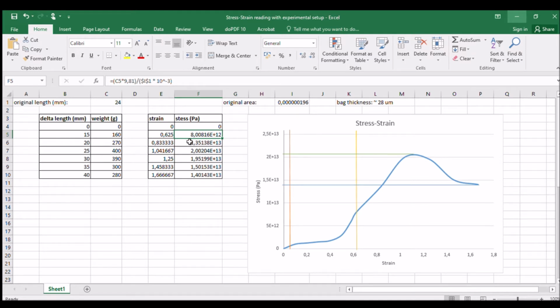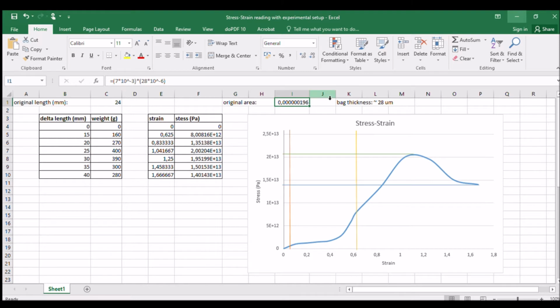And then obviously what I did, the stress is equal to force over area. So I've got my force calculated over there, which is weight multiplied by 9.81. And the area is equal to what I've calculated over here. Essentially that is the width of the piece of material, which was 7 millimeters, and then I took into account the thickness of the bag.